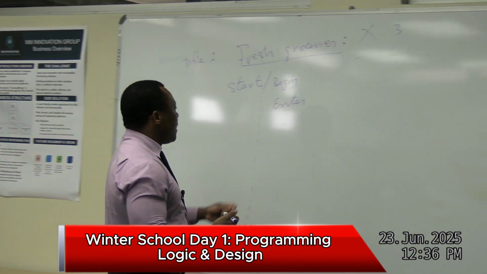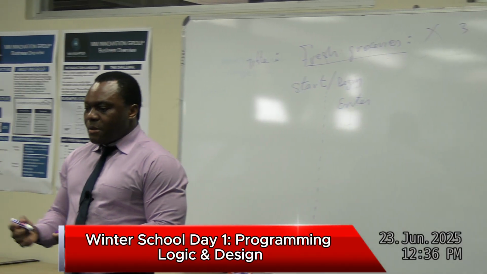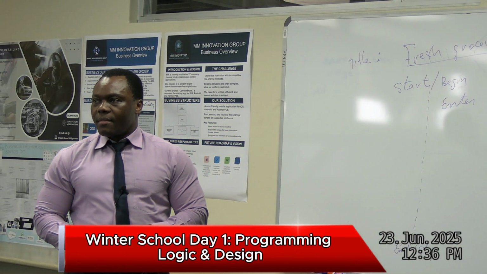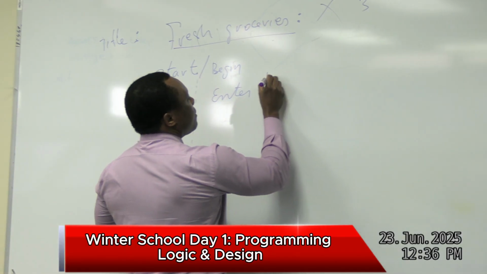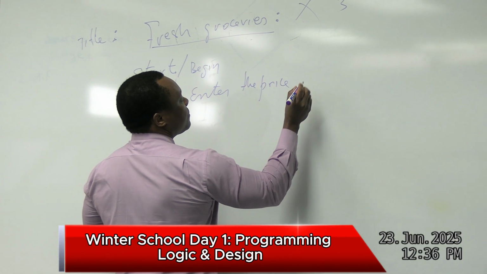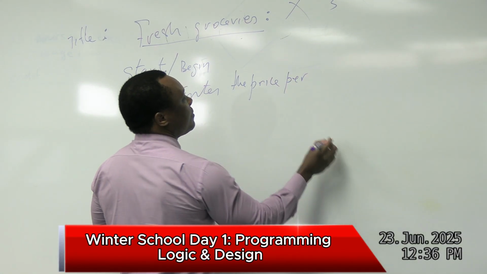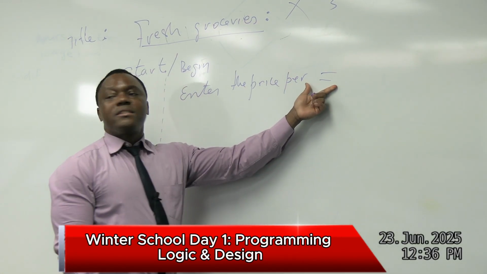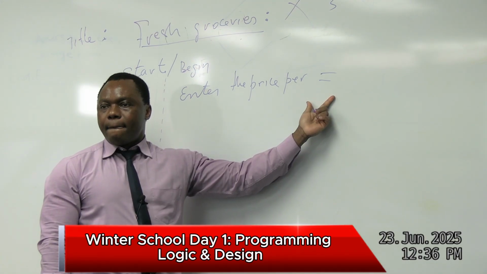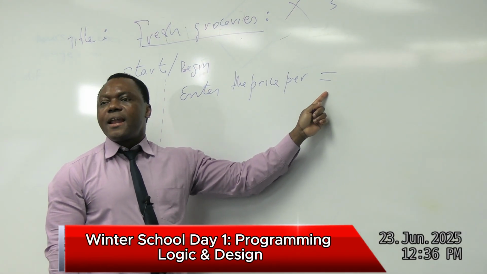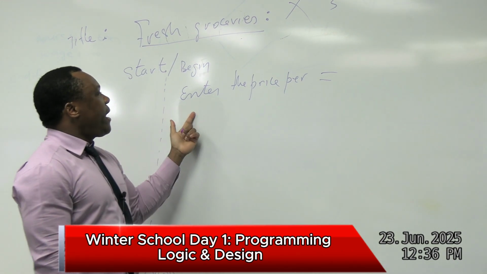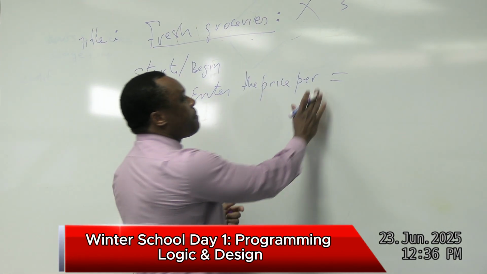You don't have to memorize. Instead of saying set the price per apple assigned to 85, you can say enter the price per apple assigned. This is an assignment. It's not equal. This sign is called an assignment. It means enter the price per apple.